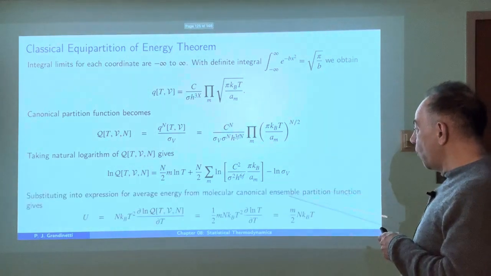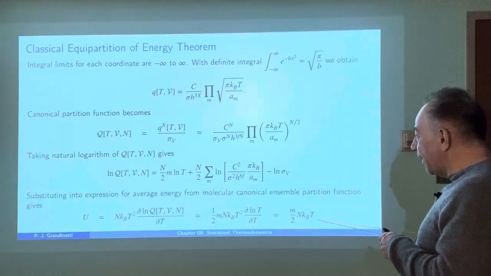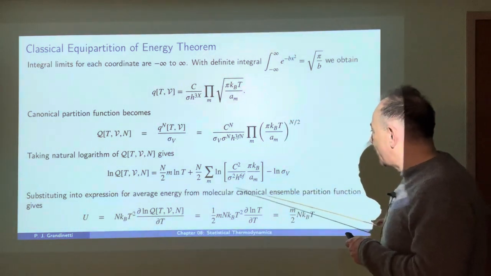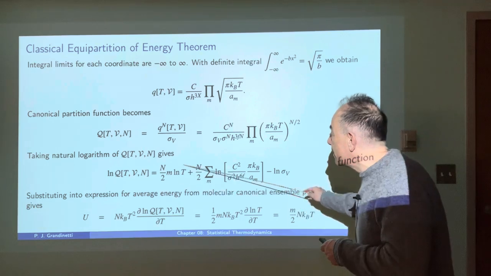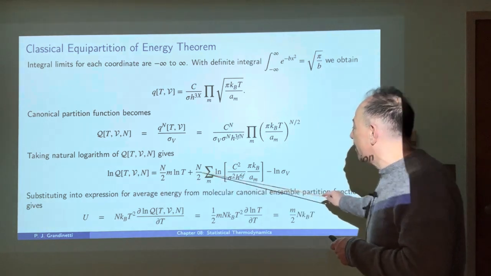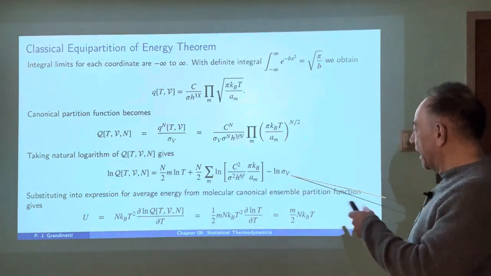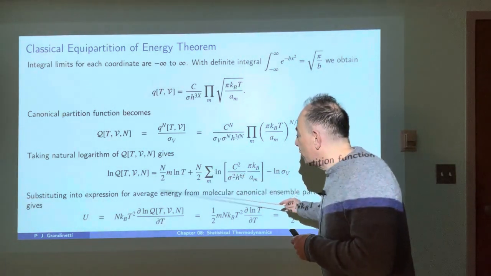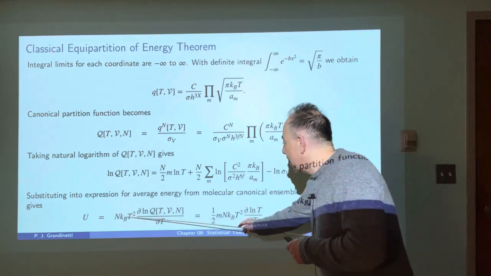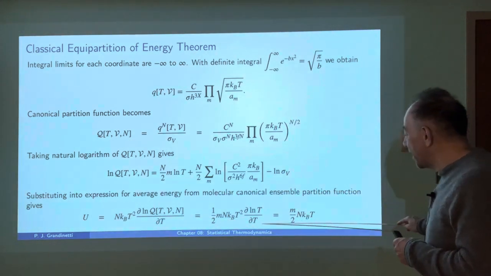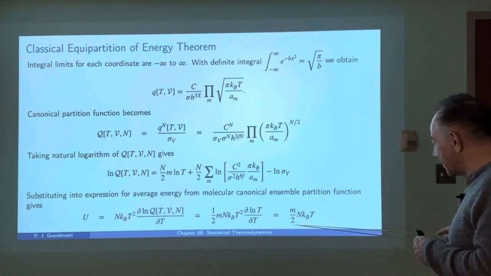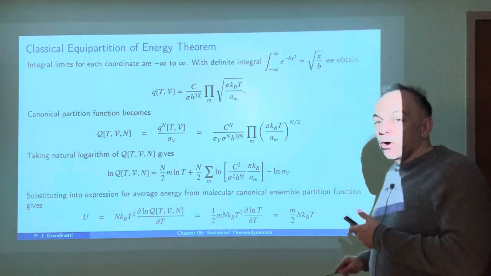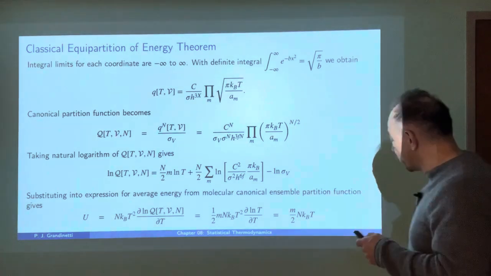And then when we've done that, we can calculate the energy, which is just the derivative of this with respect to temperature. And you can see the only one that depends on temperature is this term here. These guys are not temperature dependent. So now we can just focus on taking the derivative of that with respect to temperature, and that gives us this term right here, which eventually simplifies to this term right here, where now m is our number of terms in the Hamiltonian that show up squared.